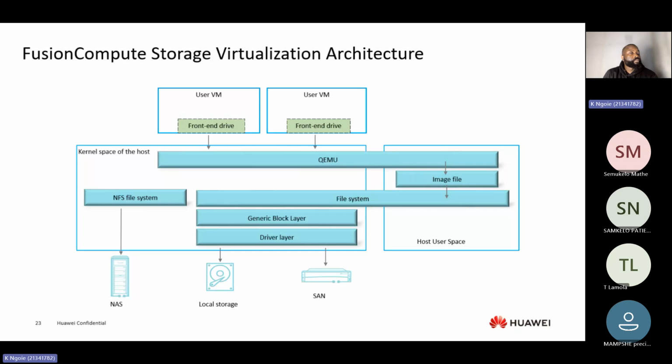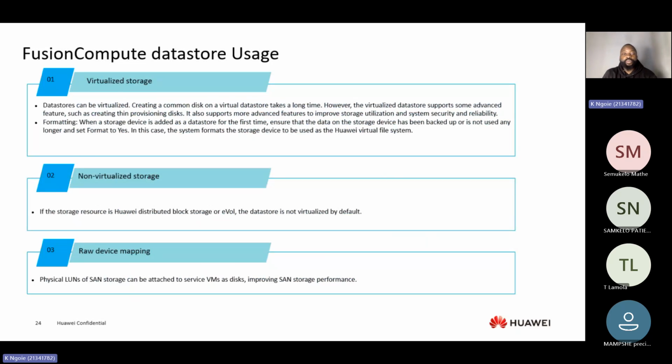Next, we have data store usage. After virtualization, the data store can be virtualized, and creating a common disk on a virtual data store can take a long time. But the virtualized data store supports advanced features such as creating thin provisioned disks.